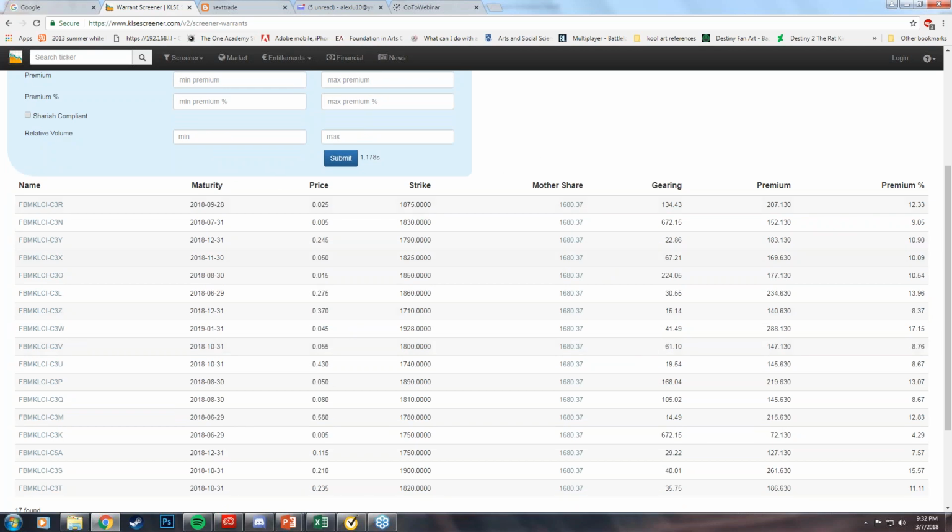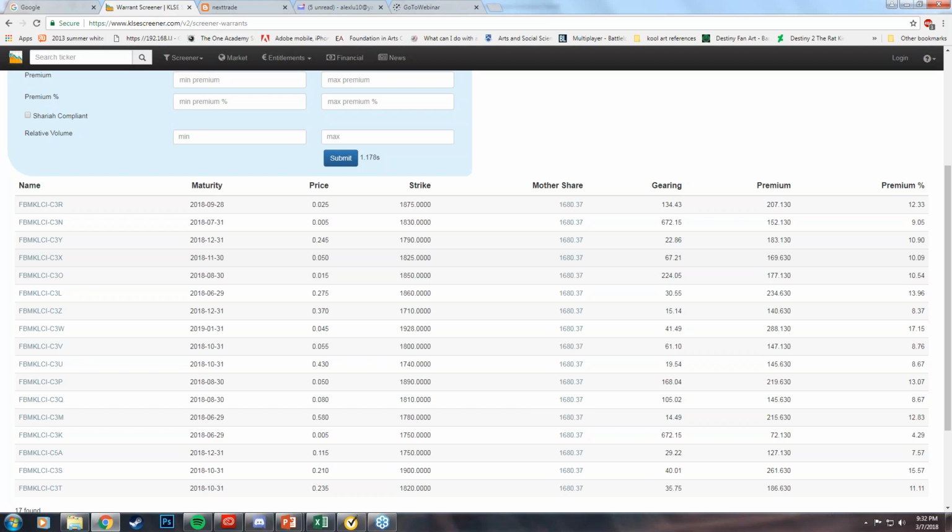Then you choose what would satisfy the four conditions of what is considered a good warrant. For example, if you are buying the call warrant on FBM KLCI, you have to be bullish on FBM KLCI to begin with.